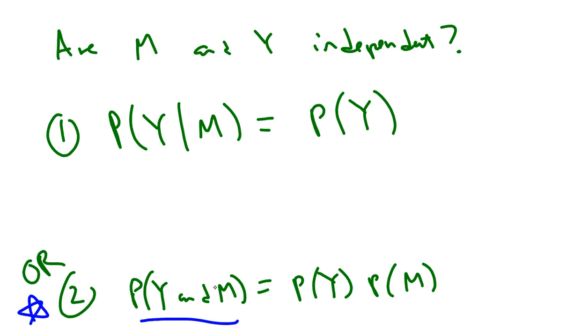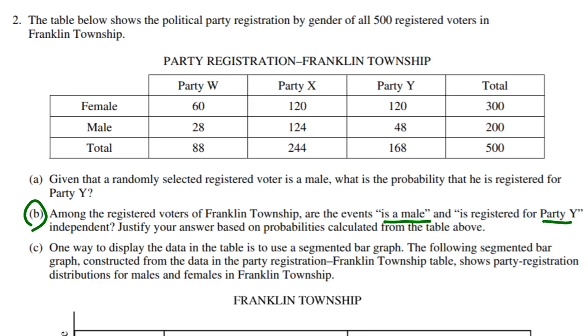For the probability of Party Y and male, we look here: Party Y and male is 48 out of 500. That's what that's saying, because this 48 I circled is the number of males who are in Party Y, out of the total.